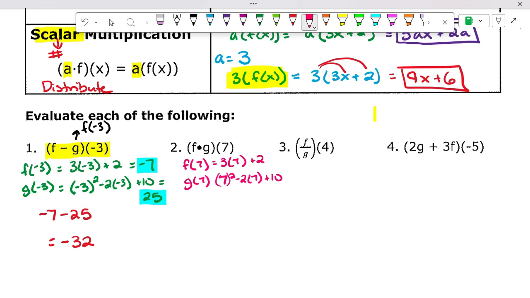So if you do 3 times 7, that's 21, plus 2, it's 23. If you do 7 squared, that's 49, minus 14 plus 10, so it would be 49 minus 4, so that would be 45.